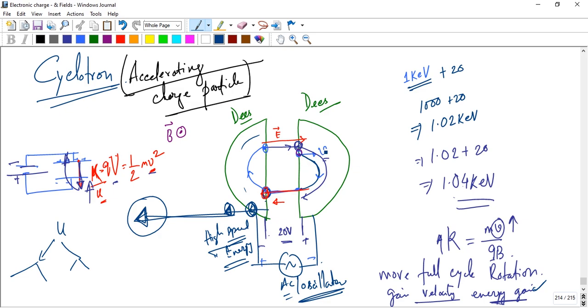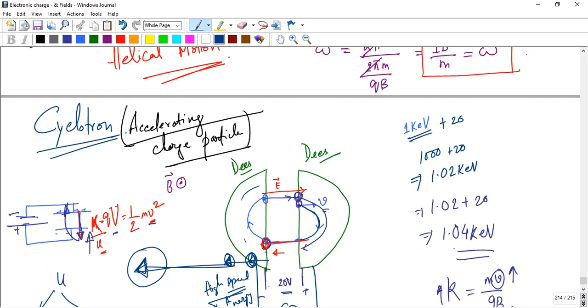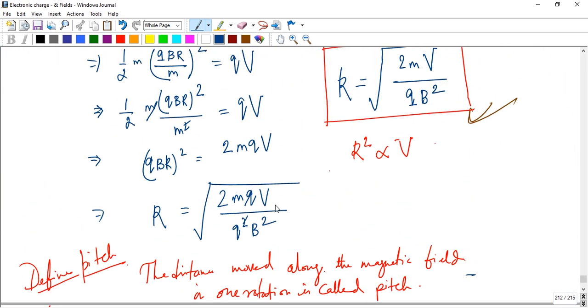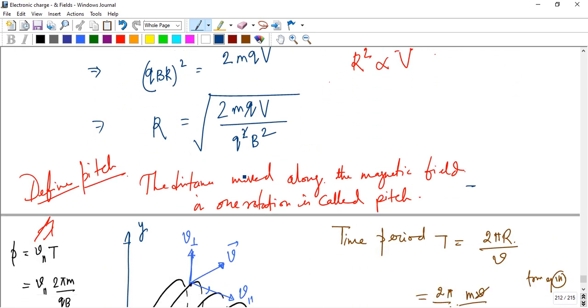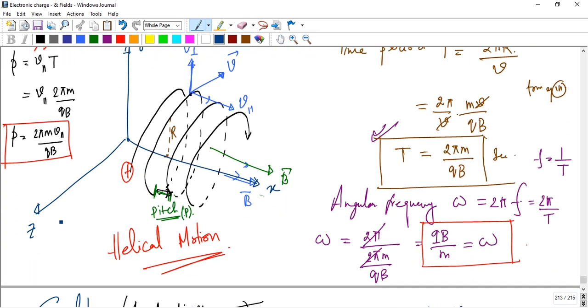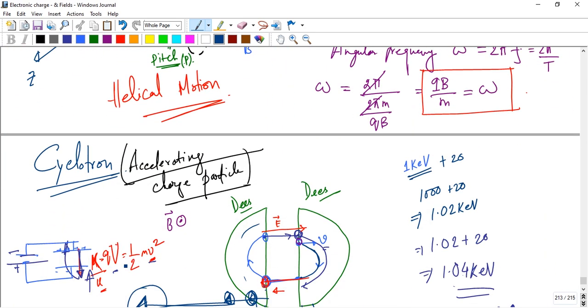So the velocity increases, so the radius obviously increases. That's the important concept here. The radius increases, so the potential increases, and the potential is related to the energy qV, so the energy obviously increases.